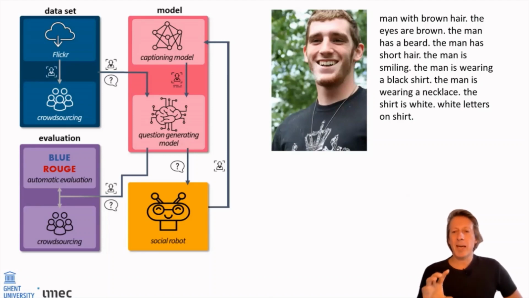And starting from that textual description, we then try and generate a friendly opening question. We used generative neural models based on BART, a variation of a transformer. We used retrieval models that just looked in the training data and selected the question in there that was probably most appropriate. So let's have a look at a video of some people meeting our robot.